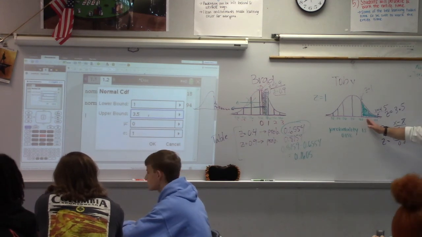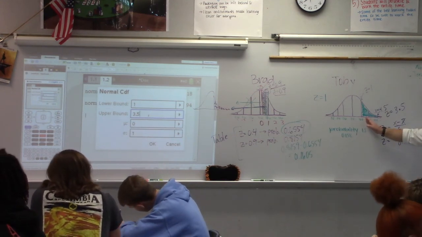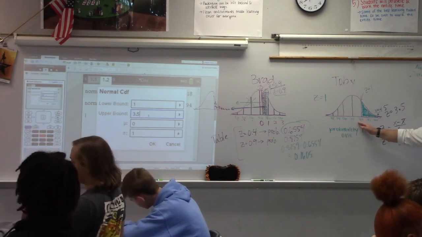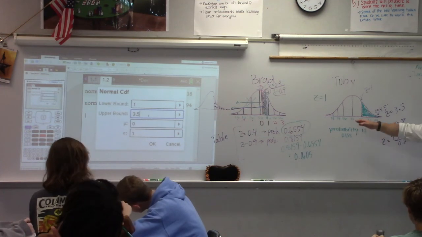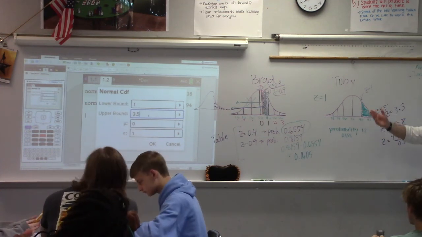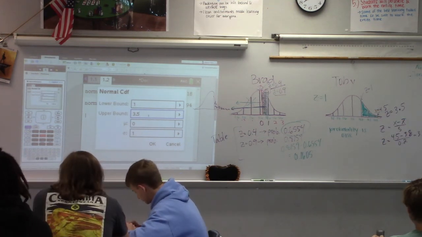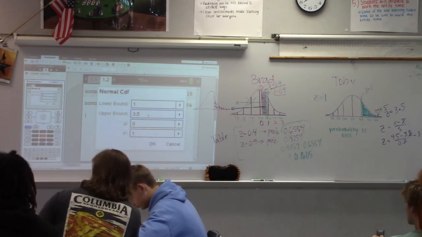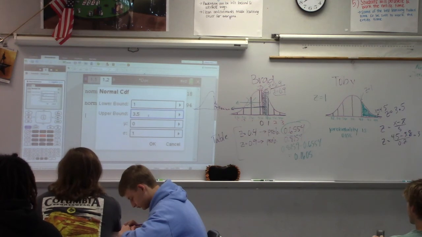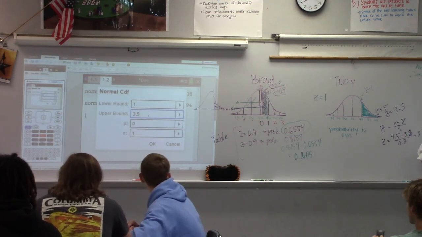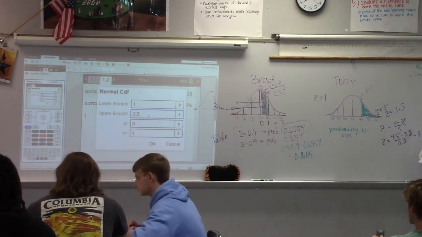True. Guys, look, stop. The shaded region stops here at 4. That's 1 standard deviation above the mean. That's the lower bound. So what's the lower bound I put up there? 1. Why did you put the upper bound as 3? Because that's the mean. Hold on one second. Well, now I'm confused because I thought the lower bound, since that's to the left, would have been everything.